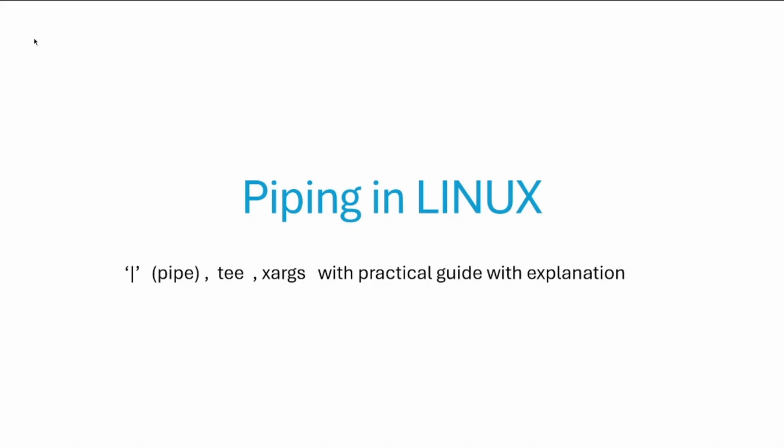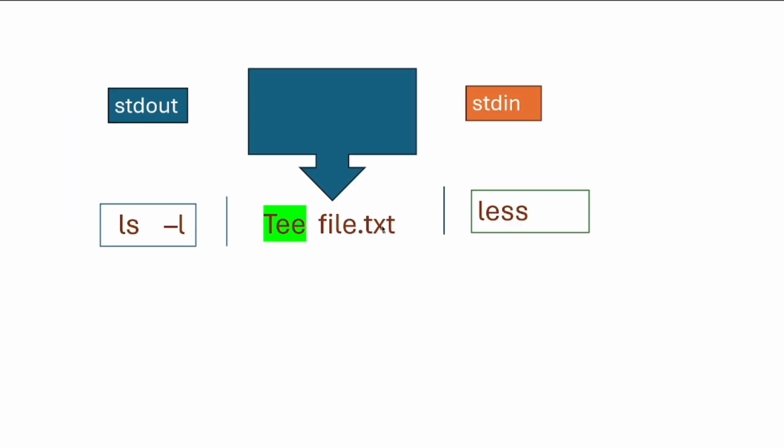The tee command, as the name suggests, is a very useful command. The tee command in Linux is used to read from standard input and write to both standard output and one or more files simultaneously, like a splitter. We can say it's an extension of the pipe command.